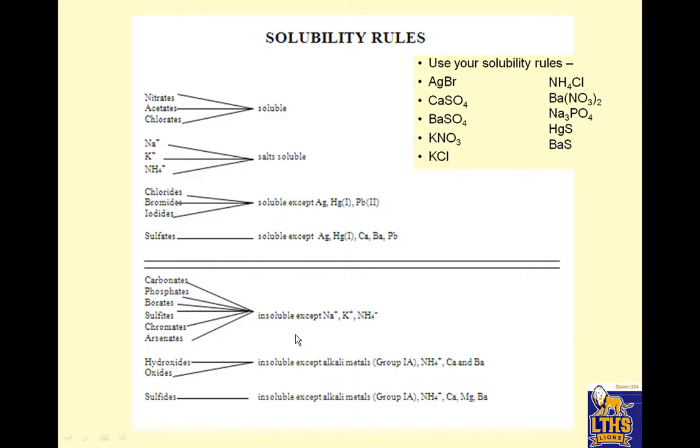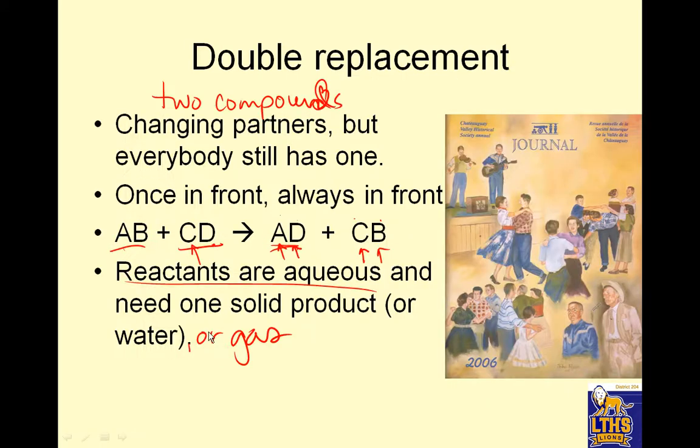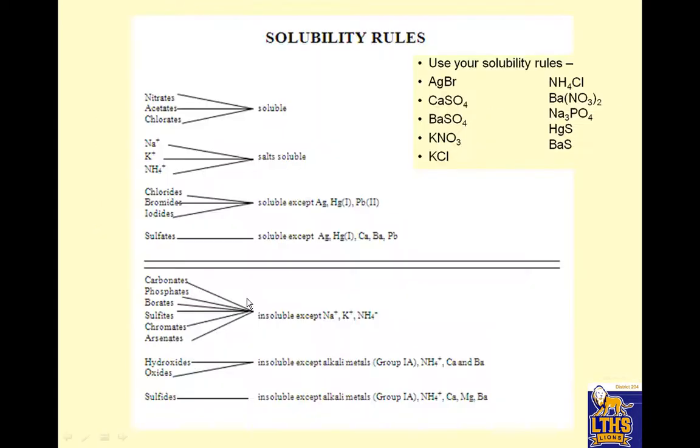So solubility rules will help us with ionic compounds, knowing what the solid is. When we said double replacement, we're going to need a solid product. We're going to look for something that's not soluble, that doesn't dissolve. So here are some rules to use. AgBr, is it soluble or insoluble? Well, let's find silver on here. I don't see silver anywhere.